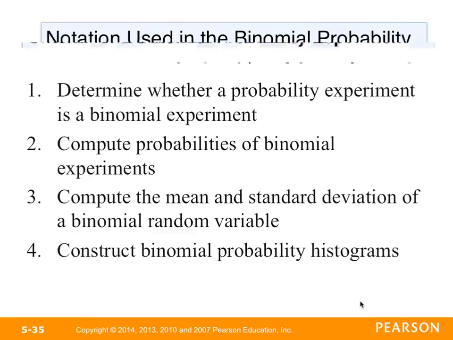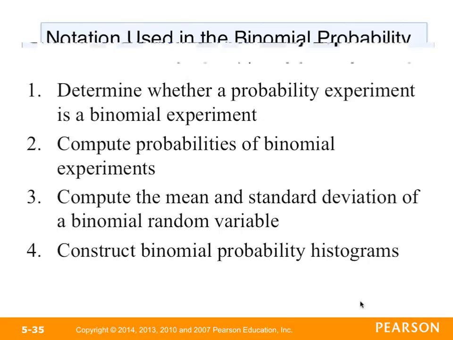So let's look at a couple of examples. Oh, first we have to do notation, and then we're going to look at a couple of examples to determine if something is a binomial experiment. So notation that you're going to see used is that there are n independent trials, okay, so n is your number of trials. P is going to denote the probability of success, okay, and then we know from the previous section that 1 minus P has to be failure because together they have to equal 1.